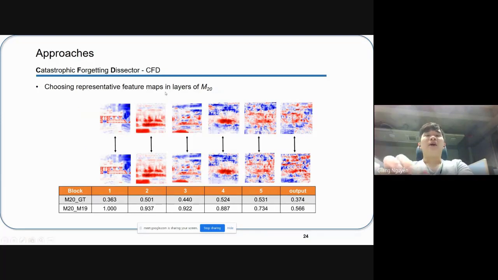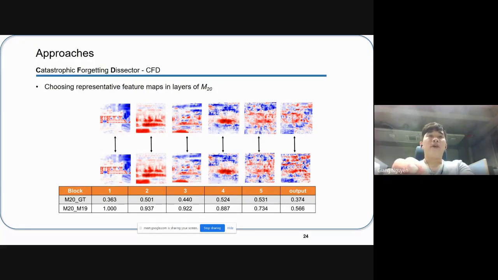Also, when I have another model, for example, in this figure I have the base model M19, and I add one more class and get M20, so I need to pick the representative feature maps from M20. So how can I do that?